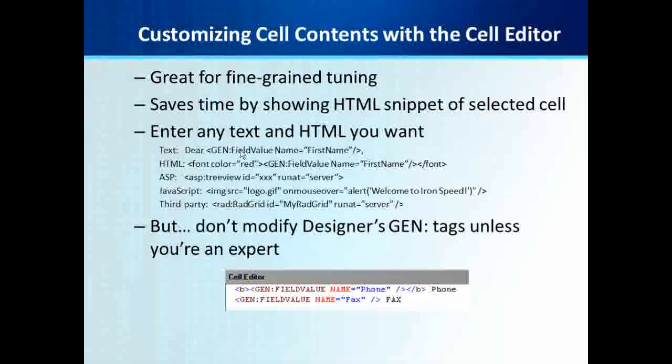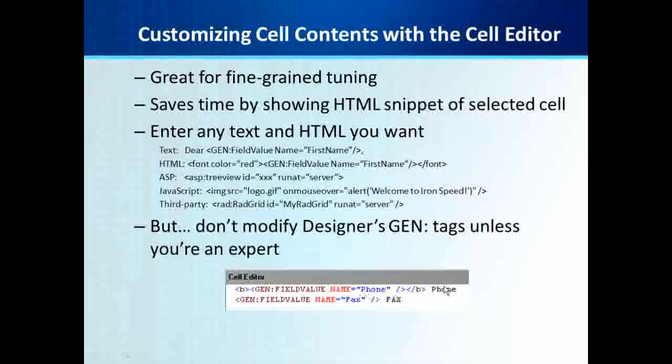Also, you would be able to use third-party controls in the cell editor to create that control in your web page. And also, as I iterated earlier, you can use the bold button on the toolbar, and if you do that, the HTML will render this phone number in bold tags.